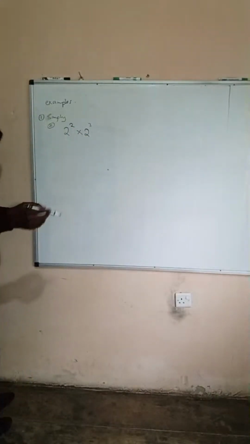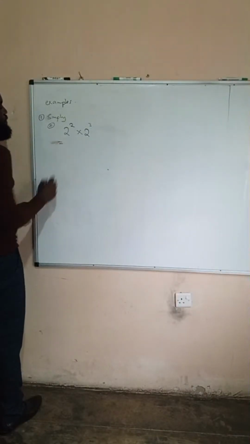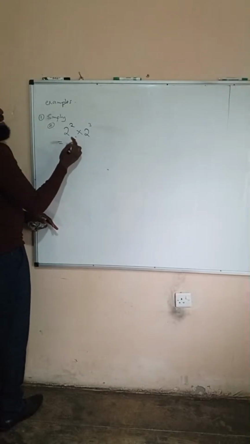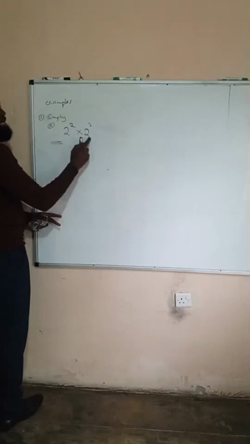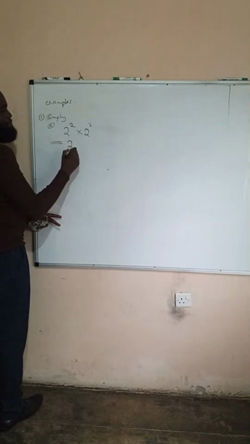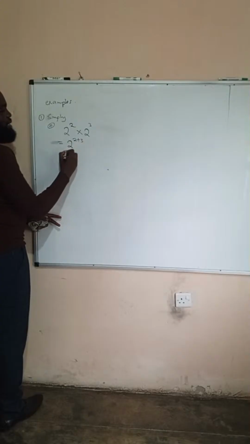You remember what I said? When you are multiplying powers having the same base, you maintain the base, but the numbers on top, you add them, the powers. So 2 plus 3, which will be equal to 2 to the power 5.